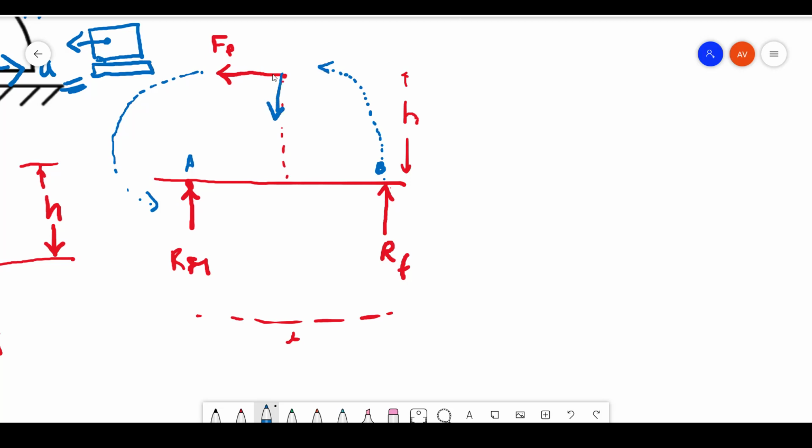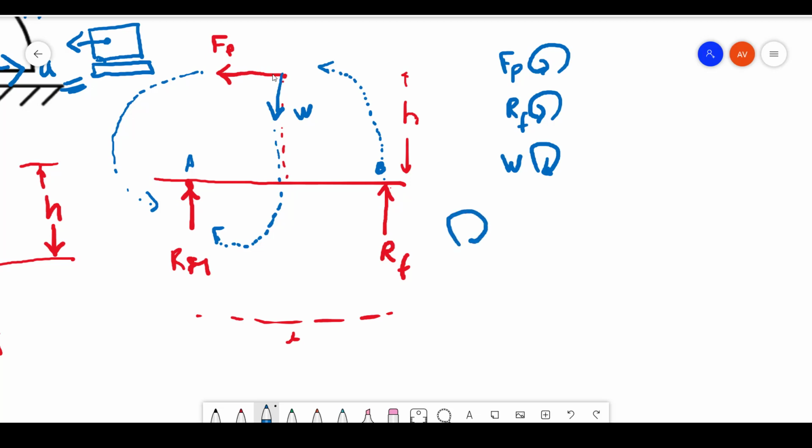Now you had your weight W which is going to travel like this towards point A. So now you can see that your FP is counterclockwise, your RF is also counterclockwise, and your W is clockwise.